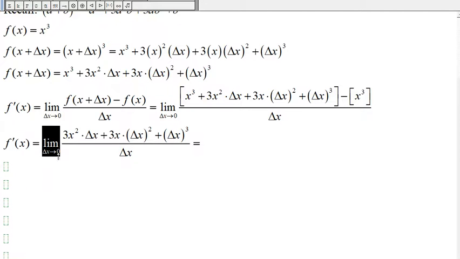And then this will be the limit. And then up here we have 3 terms, 1, 2, and 3. So we just divide each one by delta x. 3x squared times delta x divided by delta x, that would be 3x squared. 3x times delta x squared divided by delta x: delta x squared divided by delta x is delta x, so we have 3x times delta x.